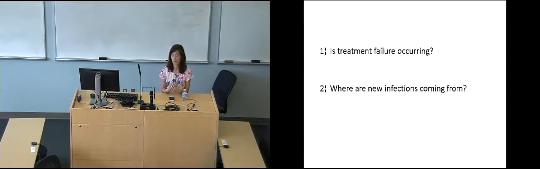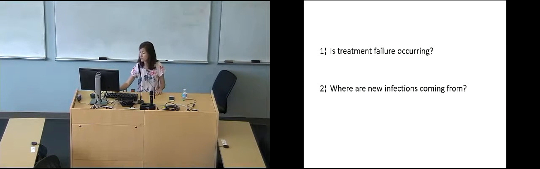And I'll say we do not have complete answers to either of these questions, but I'll take you through kind of our path to attempting to answer them next. One, we're interested in whether treatment failure is occurring in this region, possibility. And we can talk about what treatment failure means, because it doesn't just mean drug resistance. And then second, where are these new infections coming from, if indeed we are having new infections in this region?